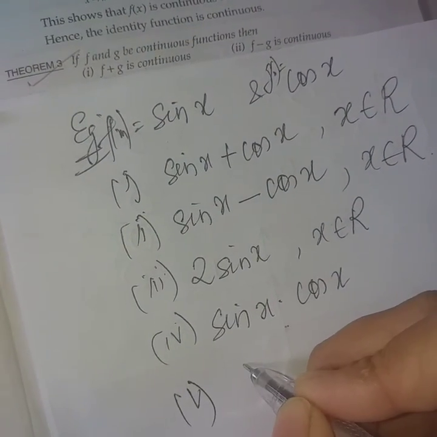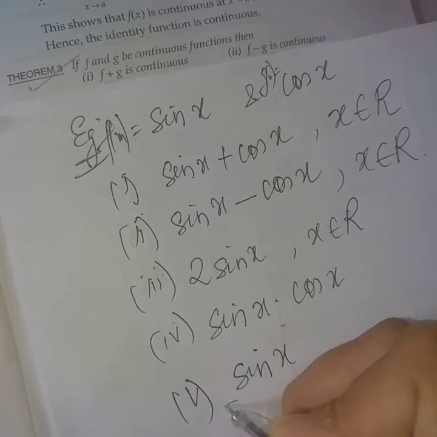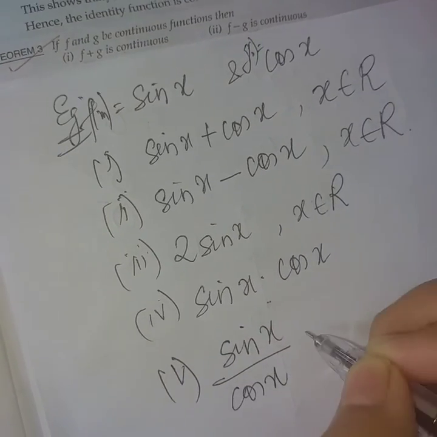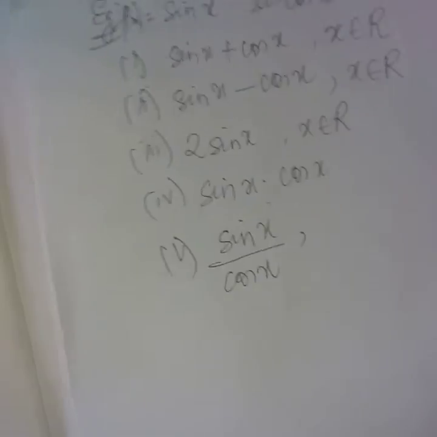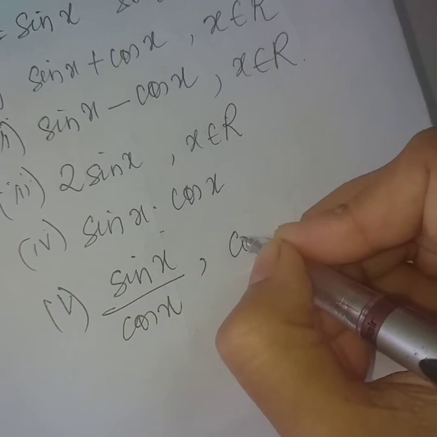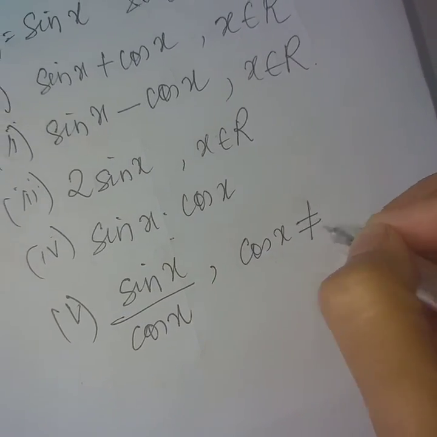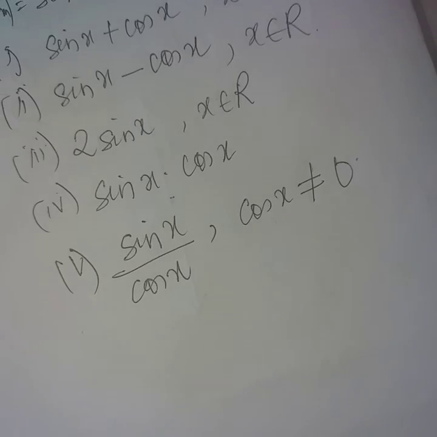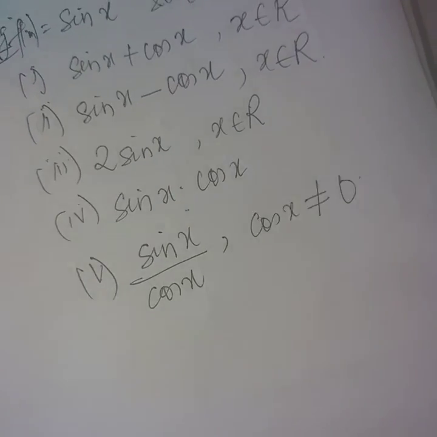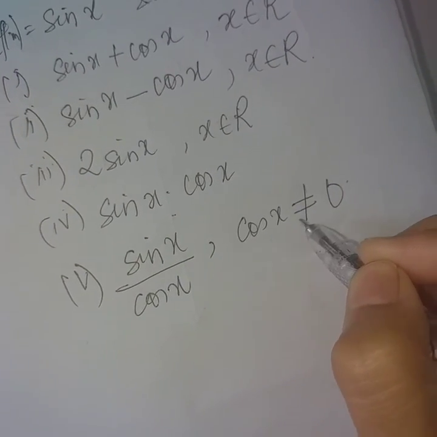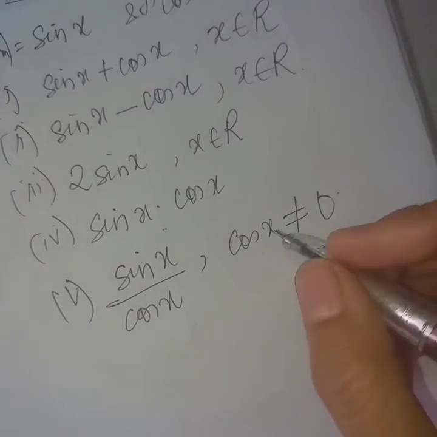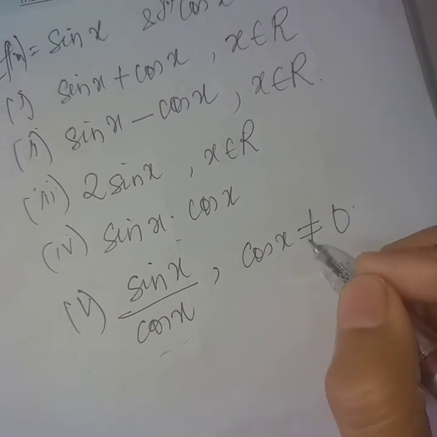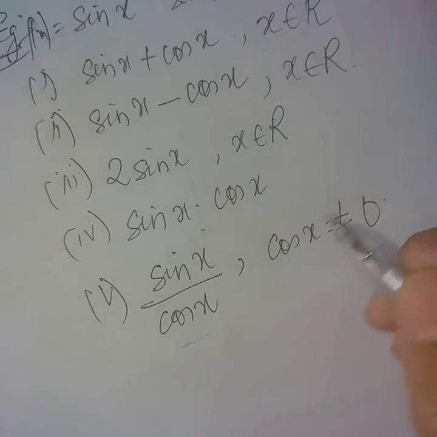Now the last one, sin x divided by cos x. This is a continuous function provided cos x is not equal to 0. So for all the values of x where cos x is not equal to 0, this function is continuous.